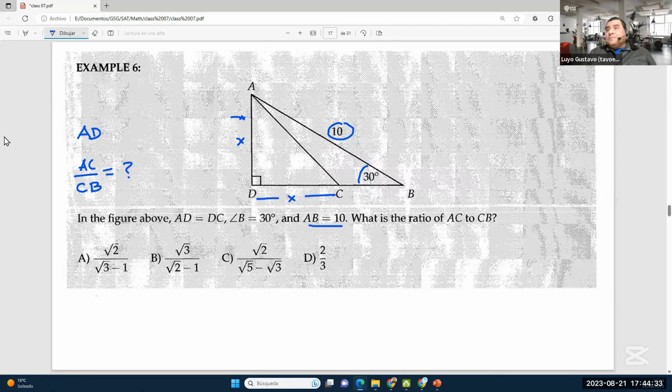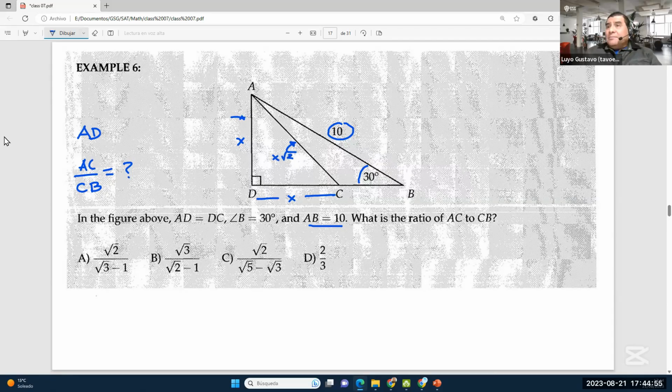Okay, let's see. First of all, something interesting is that since triangle ADC, the one with the sides AD and DC, is an isosceles right triangle, clearly this segment here must be x times the square root of 2. It's an isosceles right triangle.